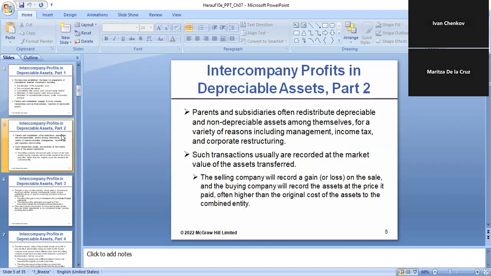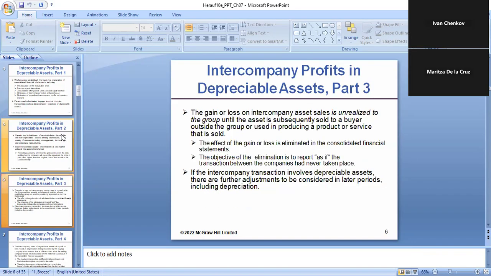Those transactions usually are recorded at the market value of the assets transferred. Now, the selling company will record a gain, and the buying company will record the asset at the price that they paid, which obviously will be higher than the price originally paid by the subsidiary.